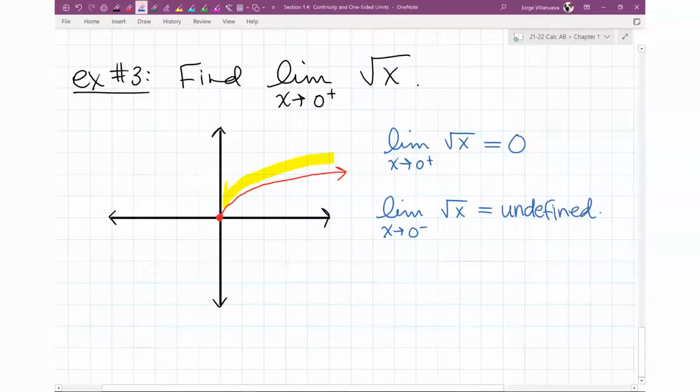So does the whole limit exist at x going to 0? No, because we have two different answers. Do one-sided limits exist? Yeah, the right side. They don't both have to exist. Left and right hand limits don't always both have to exist, but there is usually the existence of at least one of the two. Okay? So just a little thing for you guys to know.